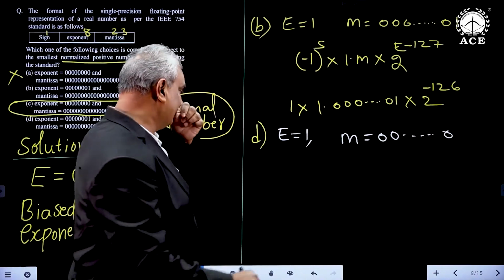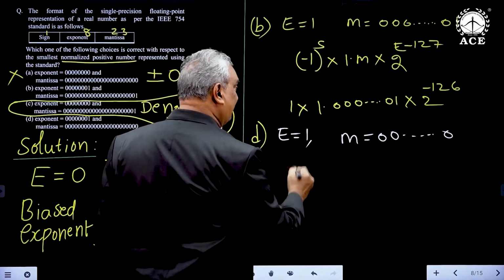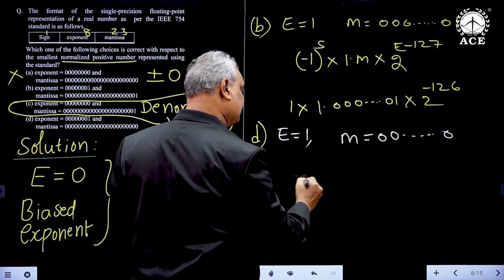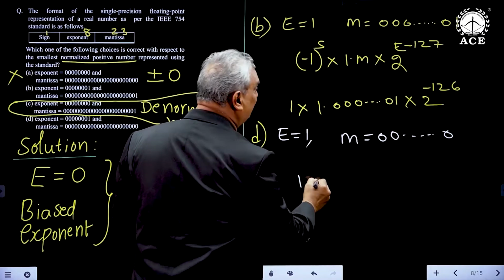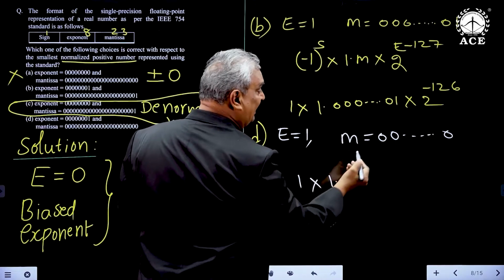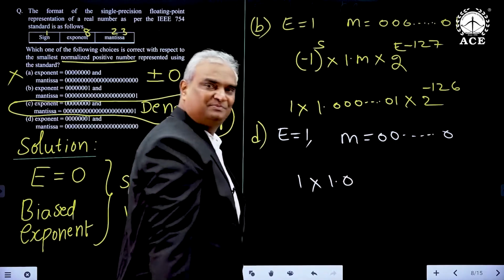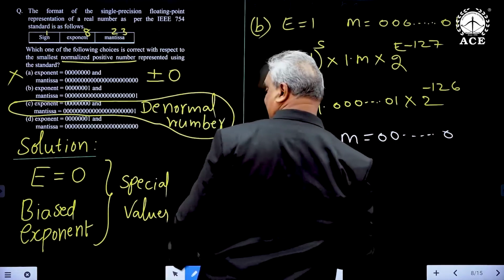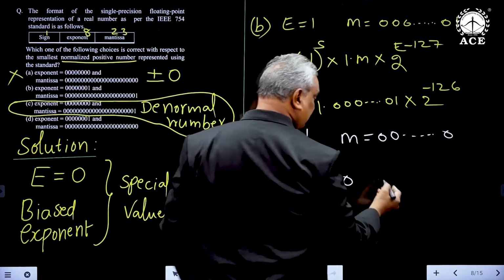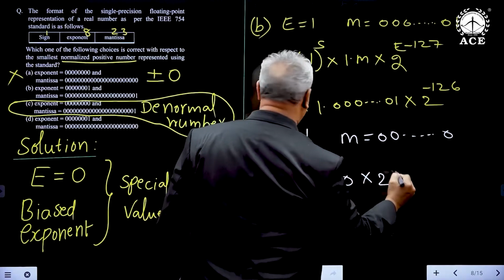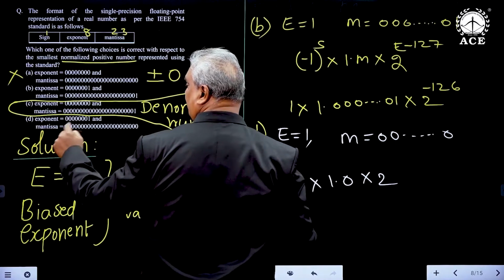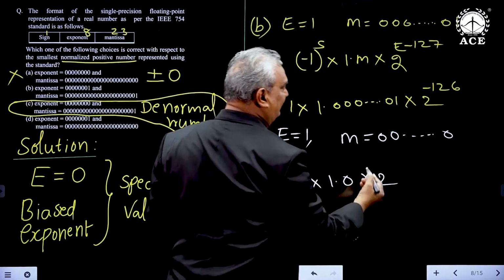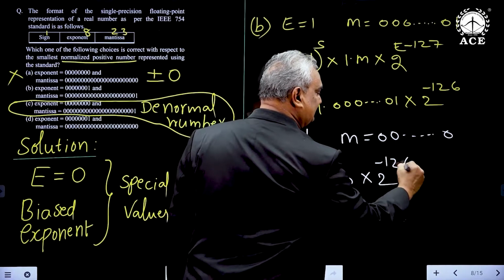Then the expression is (-1) power S means 1, into 1.0, with M all zeros, into 2 power, E value 1, that is minus 126.